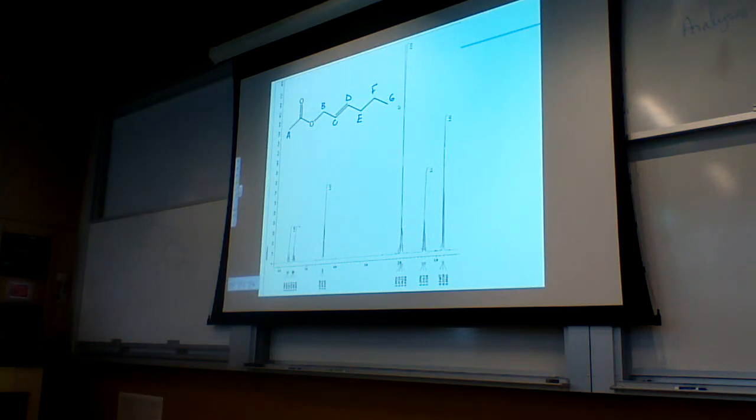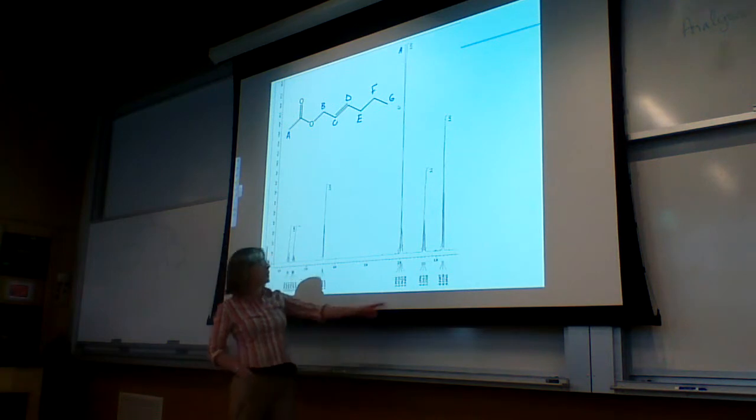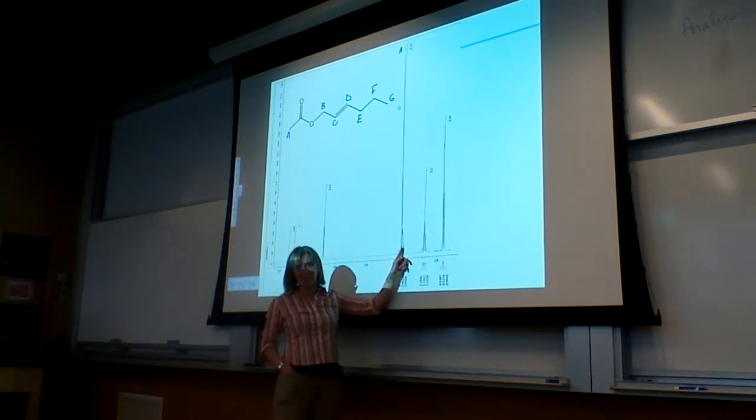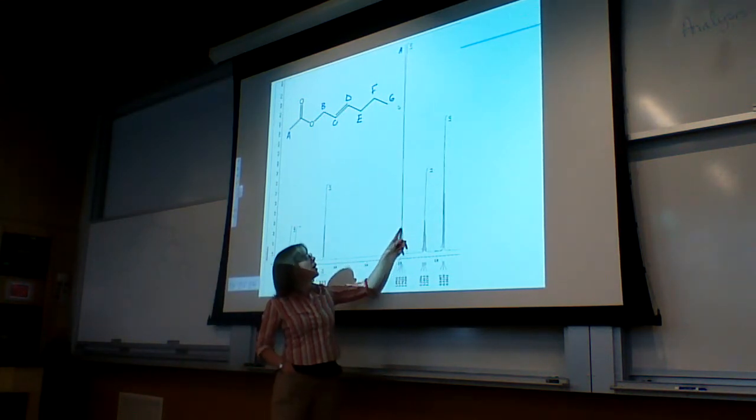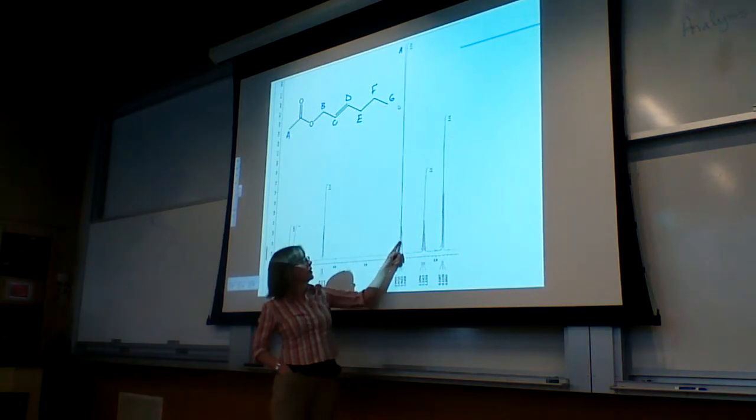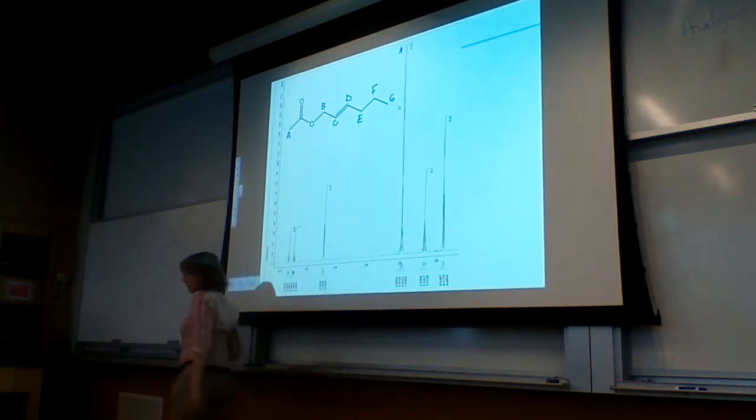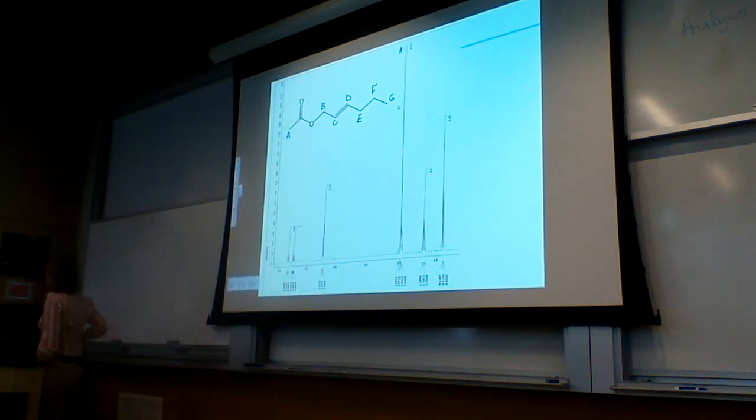So the first one that's easy to identify is A. It happens to be this tall peak here, which is integrating to 5.7 because it just so happens to overlap with another signal under here. And so there's 3 for the methyl group, and then there's a little bit of another signal here, and that's something else in the molecule.